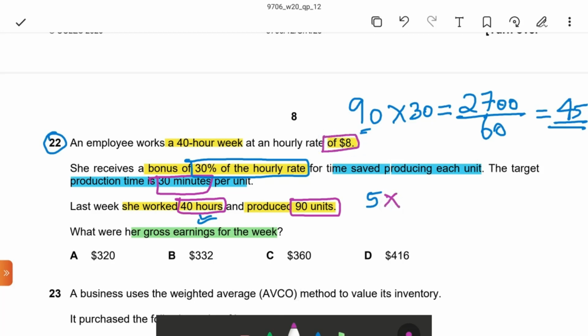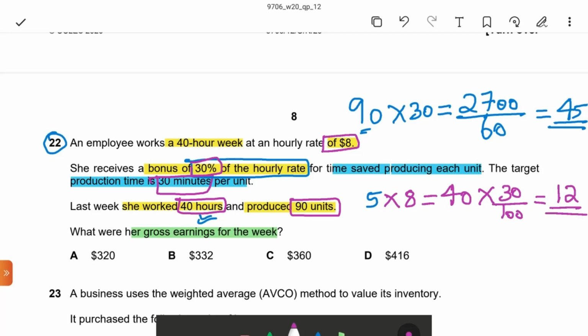So 5 multiply 8 is equal to 40. So 40 at 30%: 40 multiply 30 divided by 100. $12 extra he will get.